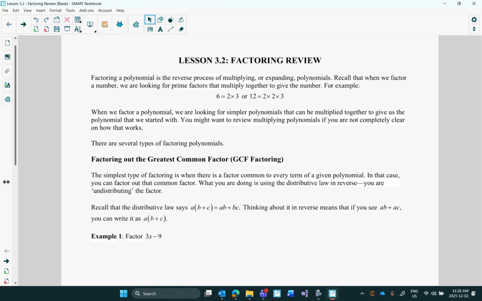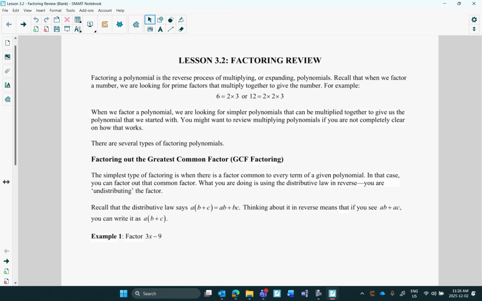Okay. But when we factor something, like if I asked you to factor 20, what am I asking you to do? Yeah, break it up into numbers that multiply to get 20. So it could be 4 times 5, could be 10 times 2, could be 20 times 1, could be 2 times 2 times 5.